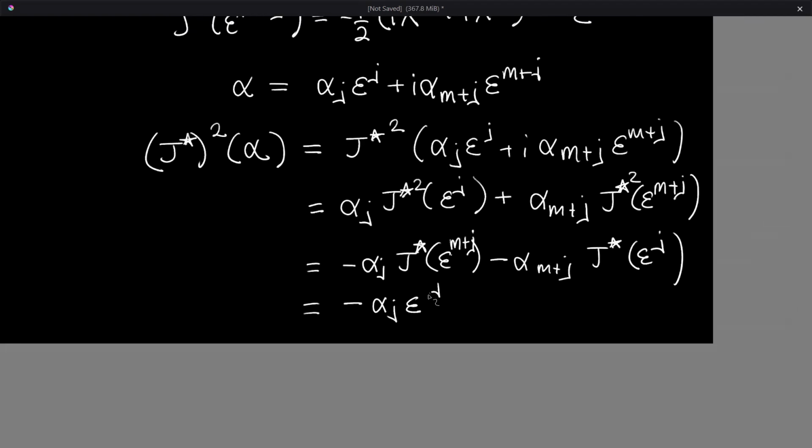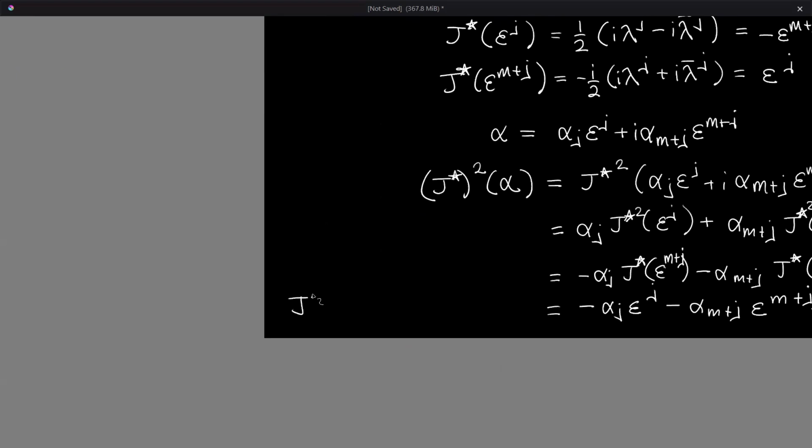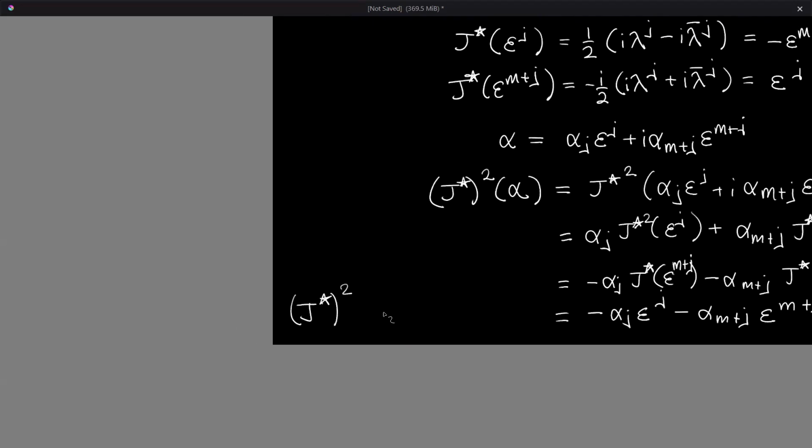And so we get this, which is the negative of alpha. So we've shown that J star squared of alpha is equal to minus alpha, which is what we wanted to show.